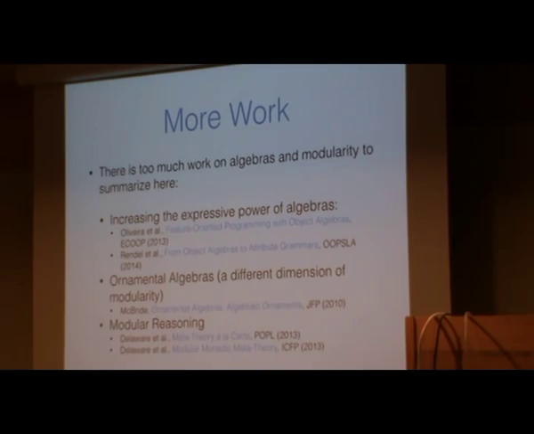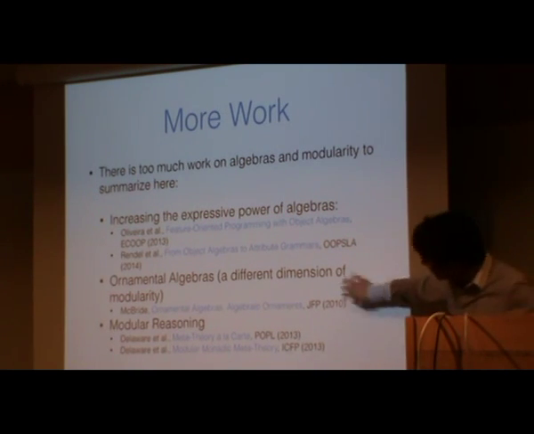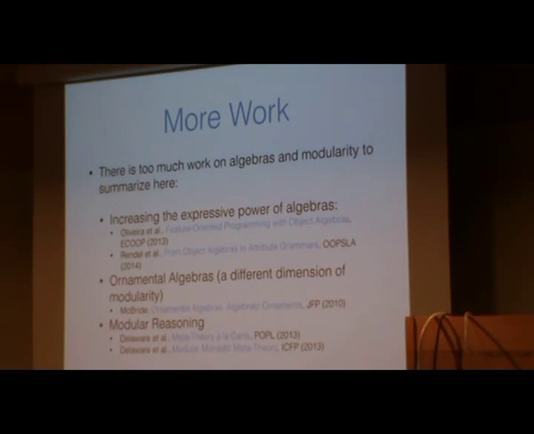There's clearly a relationship between lists and vectors, but often you need to duplicate code between these two data types. You need a function reverse for lists, a function reverse for vectors. So ornamental algebras are, again, one way to use algebras to solve a different modularity problem.